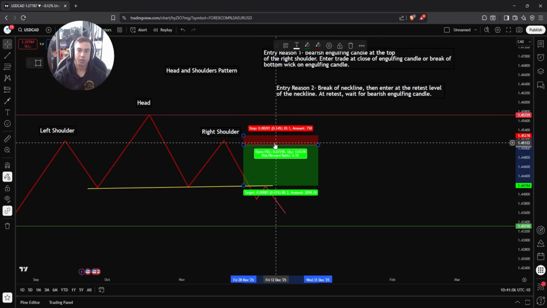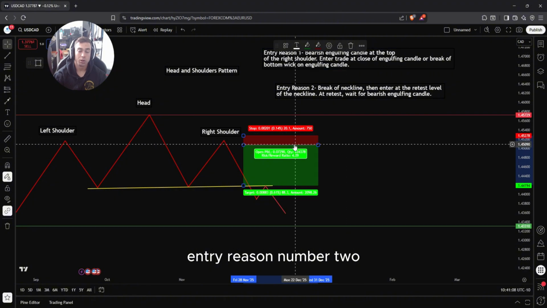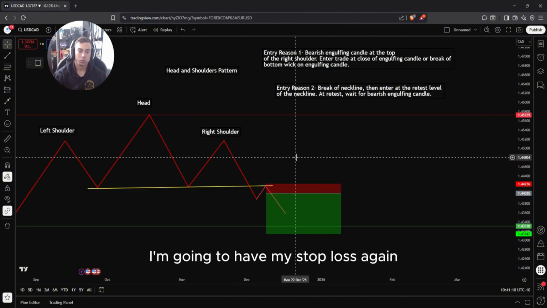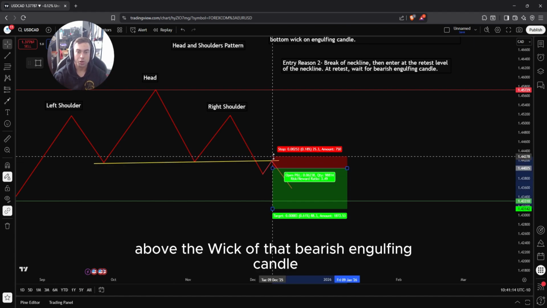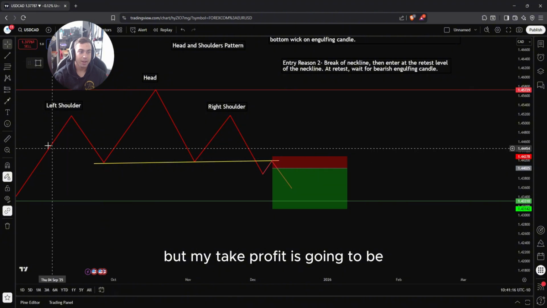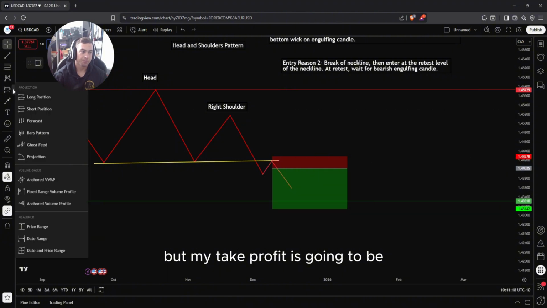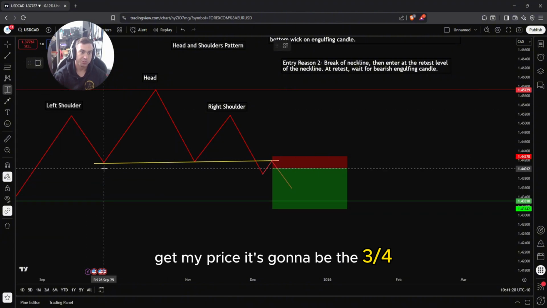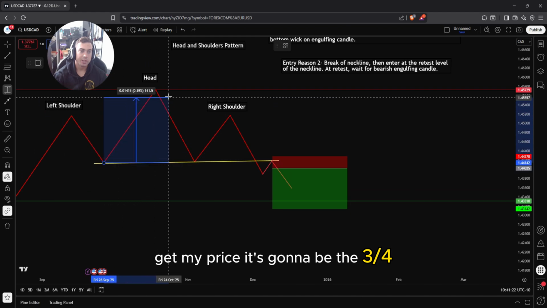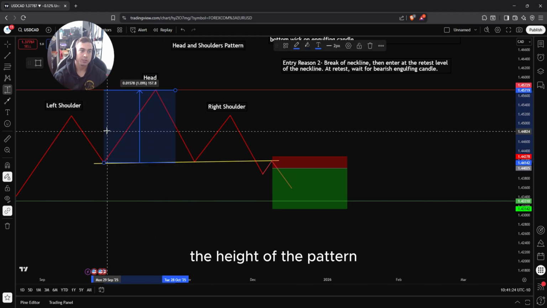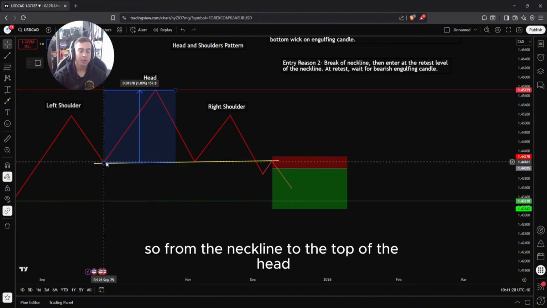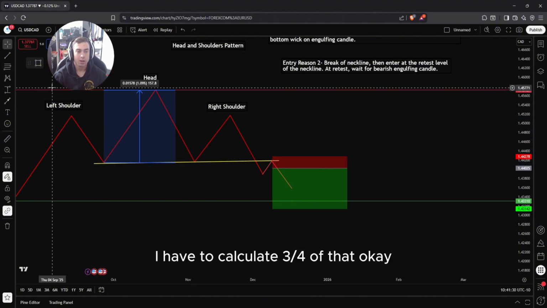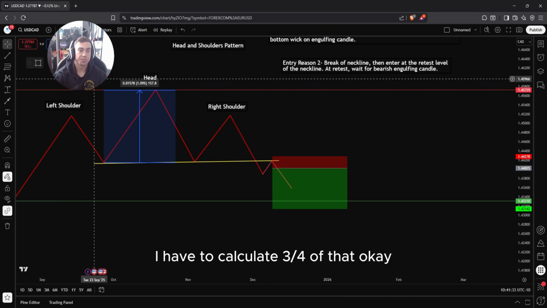Entry reason number two, I'm going to have my stop loss again above the wick of that bearish engulfing candle, but my take profit is going to be 3/4 the height of the pattern. So from the neckline to the top of the head, I have to calculate 3/4 of that.